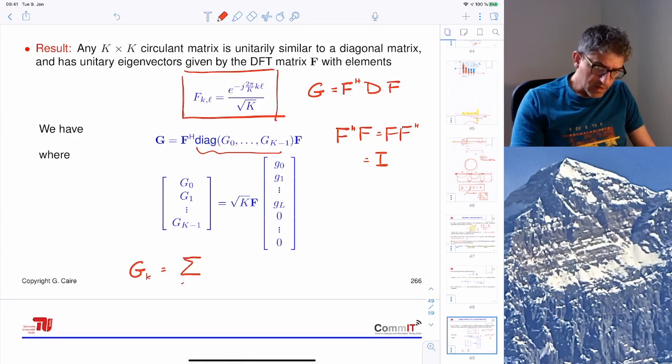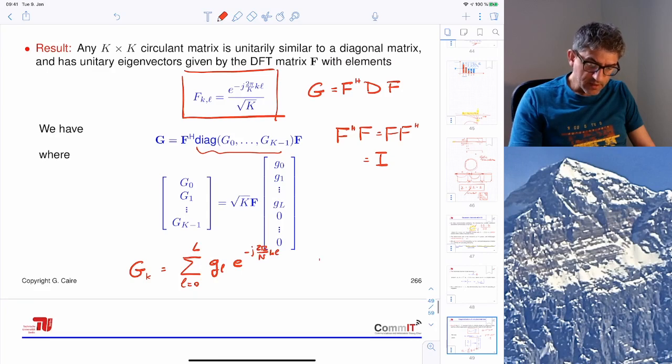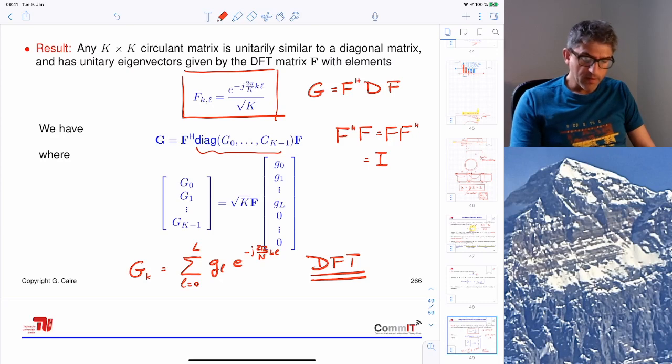This will be the sum from l=0 to L of g_l e^{-j2πkl/N}. And this is exactly the equation of the DFT, discrete Fourier transform. So, in other words, the discrete Fourier transform, implemented efficiently as the FFT algorithm, is able to diagonalize the circulant matrix.